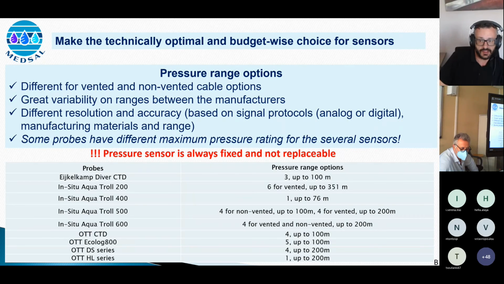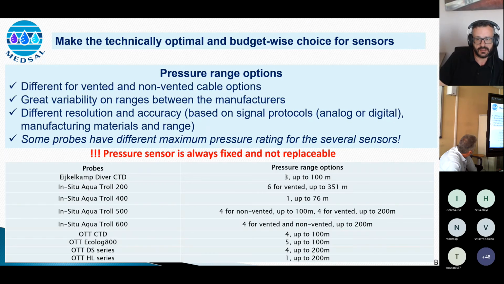There is also different resolution and accuracy based on the different signal protocols. We have significant difference between the analog and the digital signals, and also the manufacturing materials and the range demonstrate different resolution and accuracies.